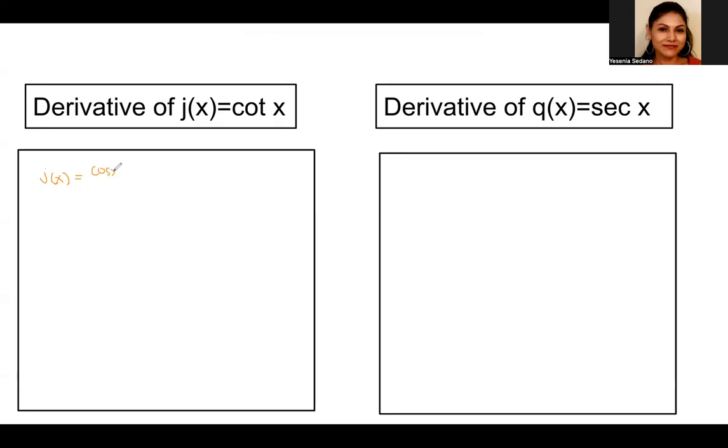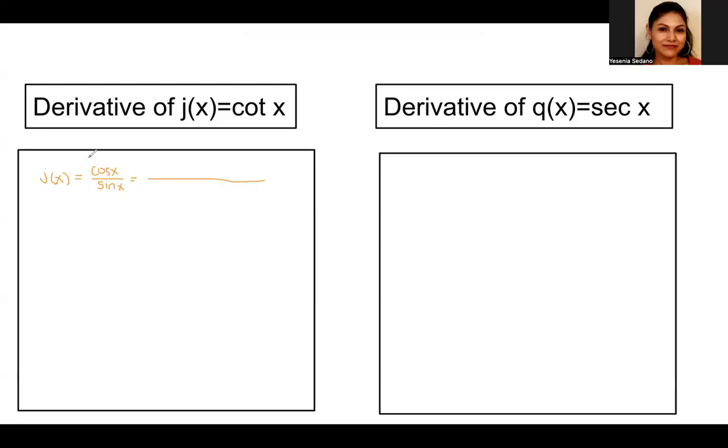Cotangent is the reciprocal of tangent, and thus it is cosine over sine. So again, we're going to use quotient rule. By the way, alternatively, if you were interested, you could have also just used the proof for tangent and reciprocated it to get your cotangent. But let's try it this way.